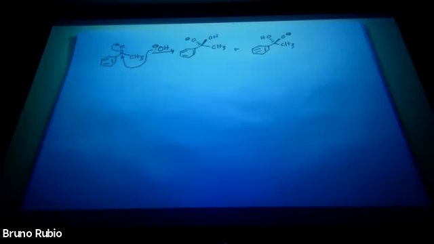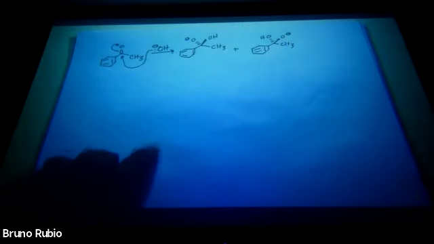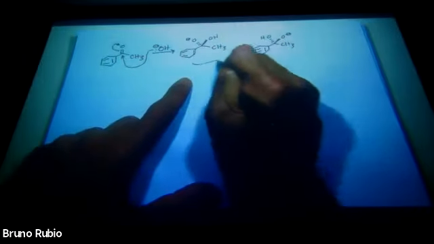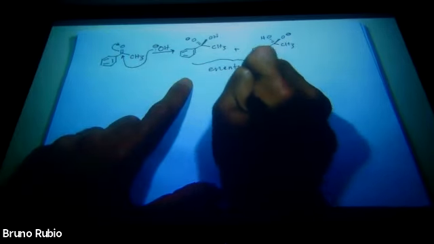And so now, are these identical structures? Oh, they're not. They're enantiomers, because what I've done here is I've created a new chirality center. One of these is R and one of these is S. So these guys here, they are enantiomers.